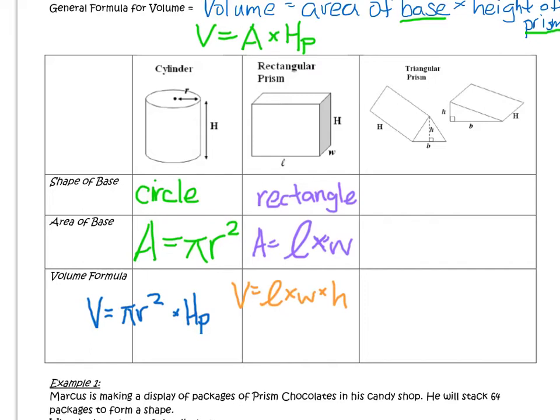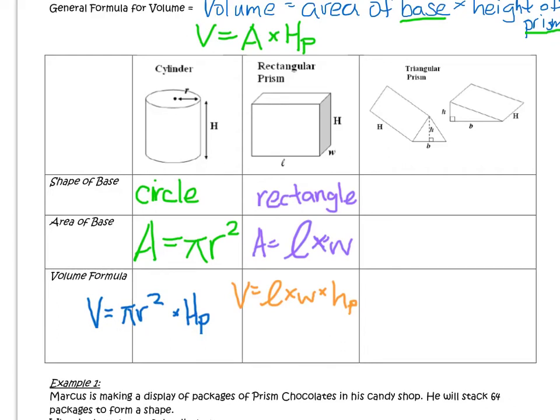Multiplying all your numbers together, Liam knew to include that the height is actually HP. But for a rectangular prism, it actually doesn't matter which one is length, which one's width, and which one's height. I labeled it on this diagram for you. All you do is multiply your three numbers together, but make sure it's the correct three numbers for length, width, and height.